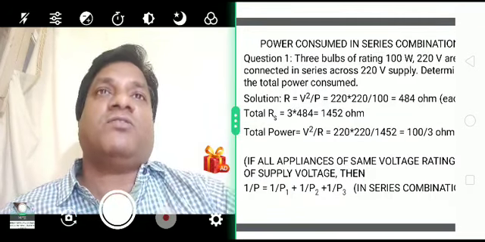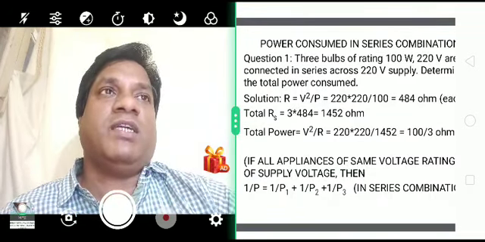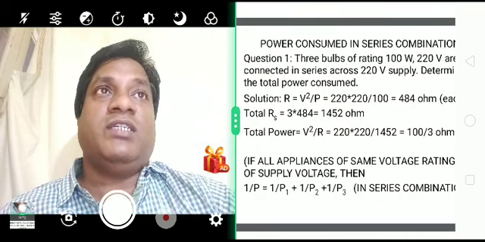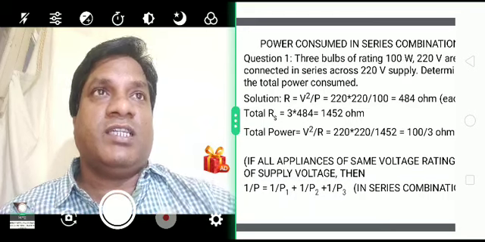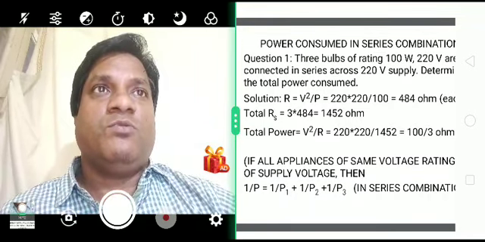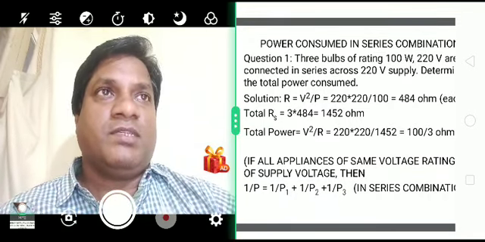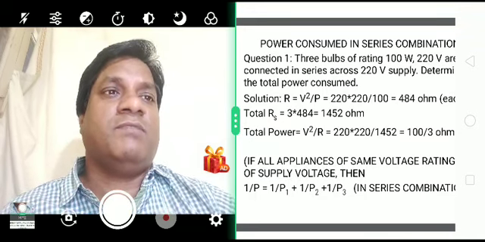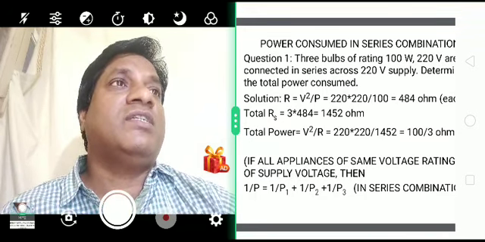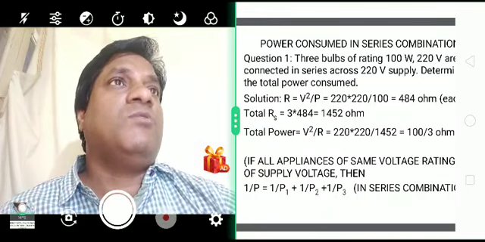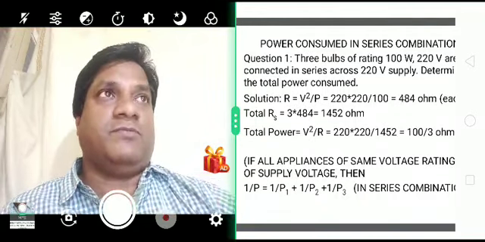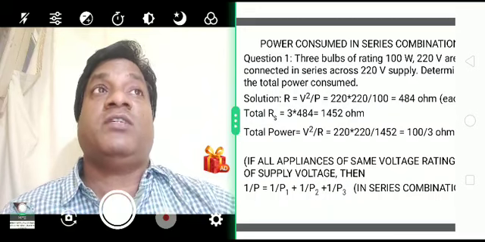The total power consumed is equal to V square by R, that is 220. Now this 220 is the supplied voltage, it's not the voltage rating of the bulb. So 220 into 220 divided by 1452, that gives 100 by 3 watt. So you see, if only one bulb had been connected, it would have consumed 100 watt of power.